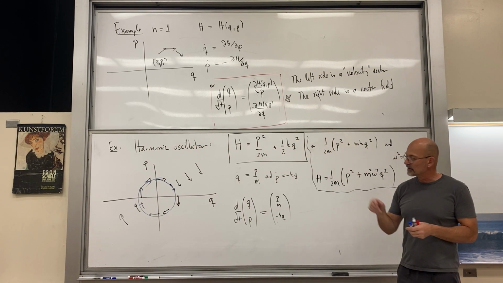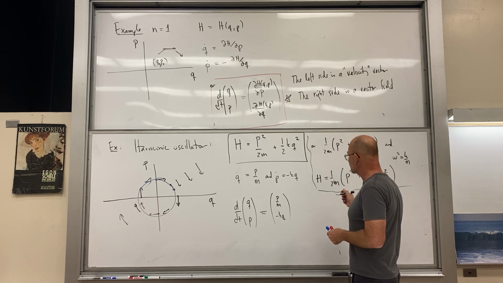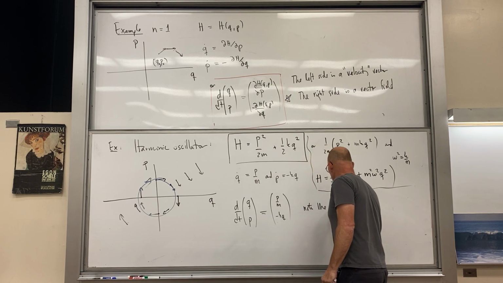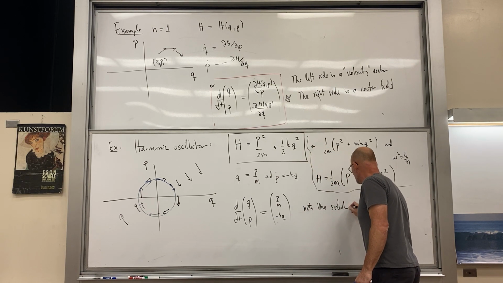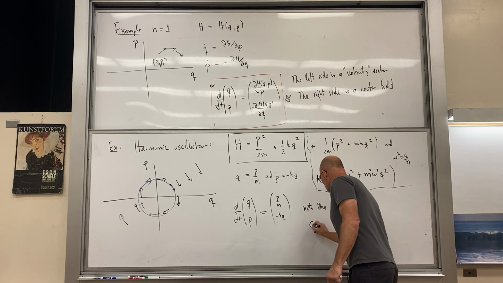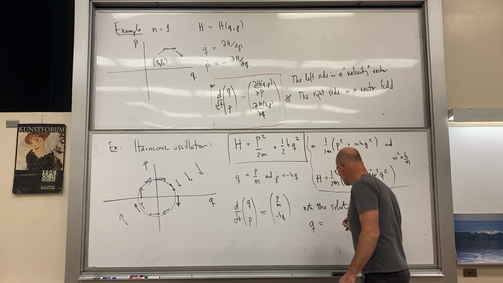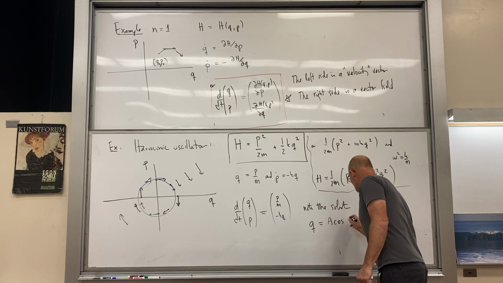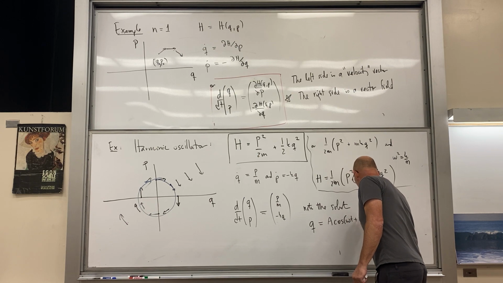Of course, we know the solution to the harmonic oscillator, so let's go ahead and even write that down. So note the solution. It would be Q is equal to, I'll just use A cos(omega t plus phi).